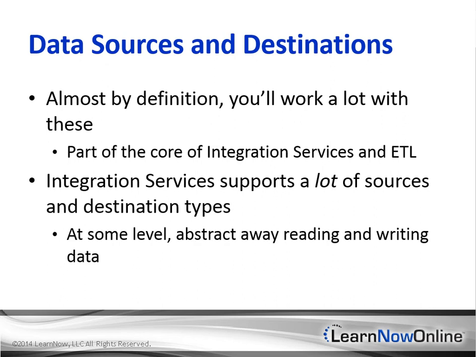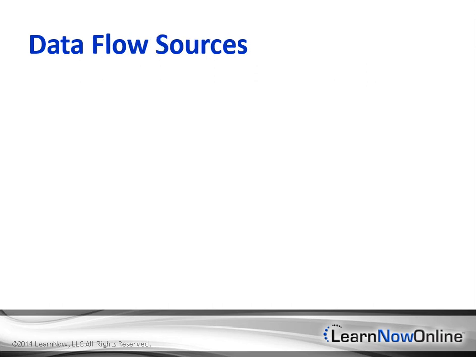Now, to some extent, the data sources and destinations abstract the process of reading and writing data. But each data source has its own needs, so you'll need to learn the unique capabilities of each store that you'll use and how to make use of it in a package. All right, so let's talk more in detail about data flow sources. Data flow sources provide connectivity to databases, flat files, XML files, and other physical as well as virtual data sources.